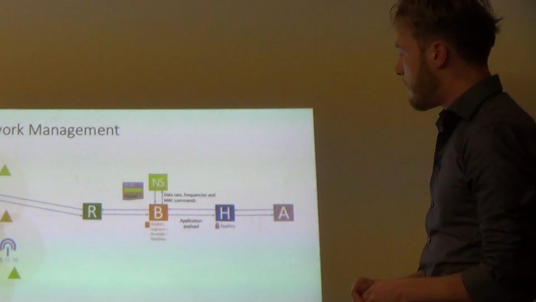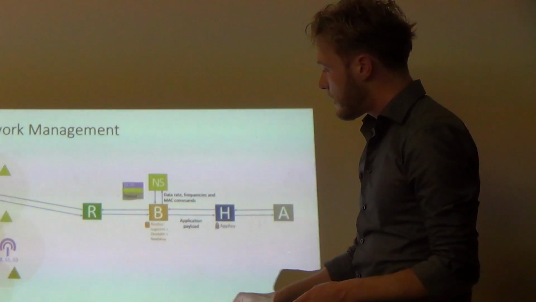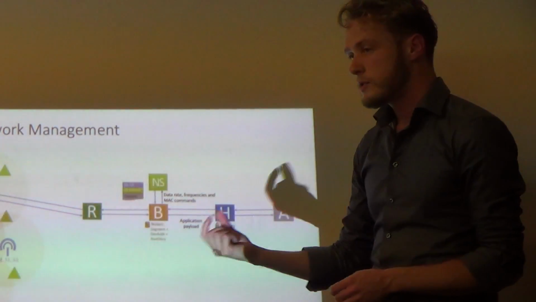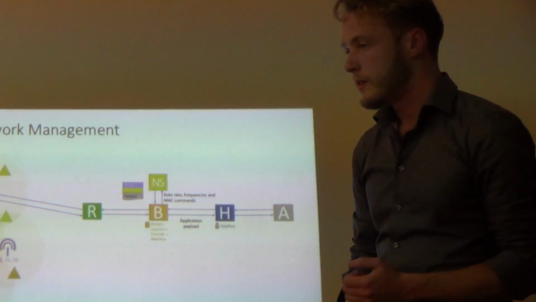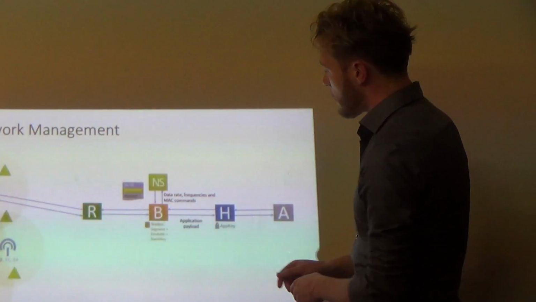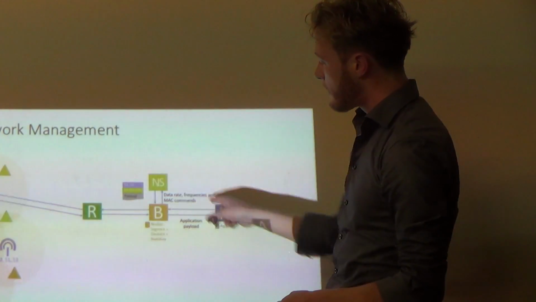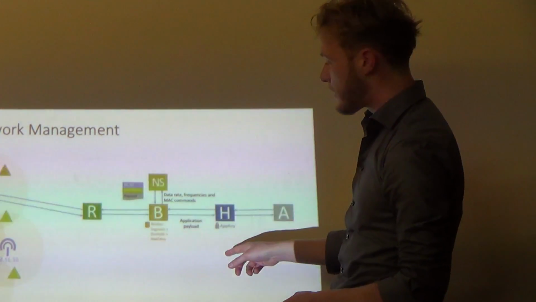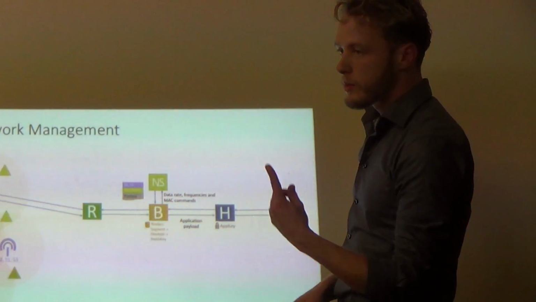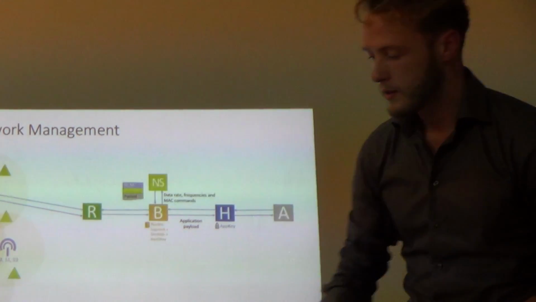But if there would be multiple brokers, like in the previous scenario when the broker has an active standby, then it has to share the network server, or it has to choose a network server. Or what could also be possible is that the handler talks directly to the network server. So it has multiple brokers for standby, and it would have one network server that maintains the state of the node.